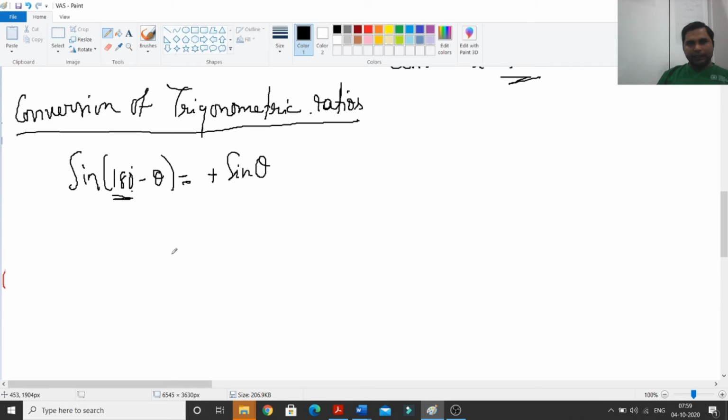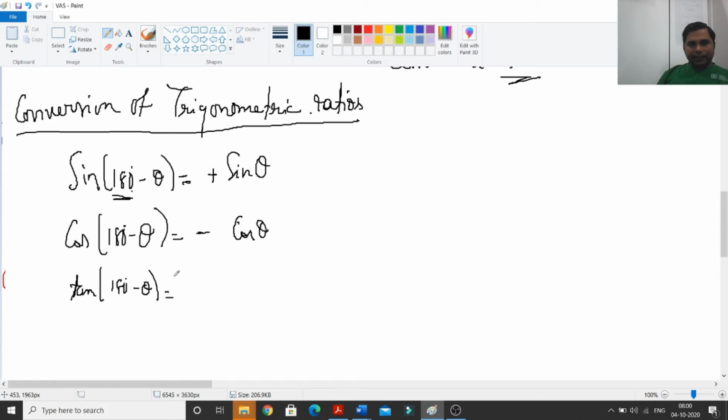So sine 180 minus theta will be sine theta. Cos 180 minus theta: cos is negative in the second quadrant, so it will be minus cos theta. Tan 180 degree minus theta: as tan is negative in the second quadrant, so negative tan theta.